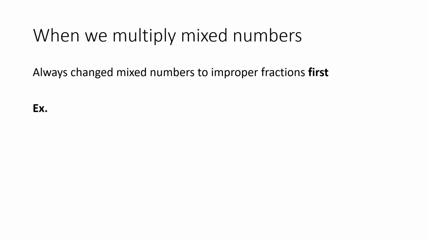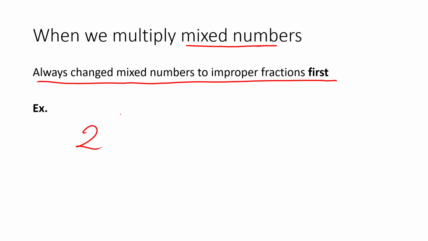Now, here we multiply mixed numbers. I keep repeating this though, for those that have me online for the last quarter, you should know that when we do mixed numbers, I always want you guys to change mixed numbers to improper fractions first. Let's have an example. 2 and 1 over 5.